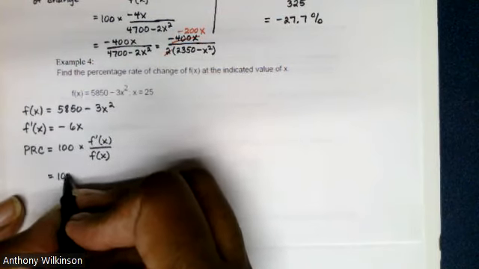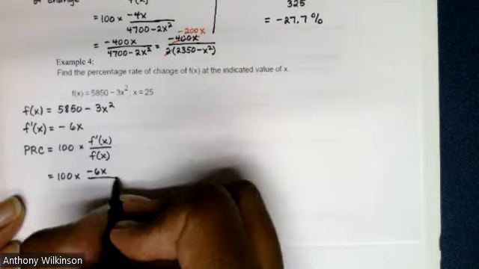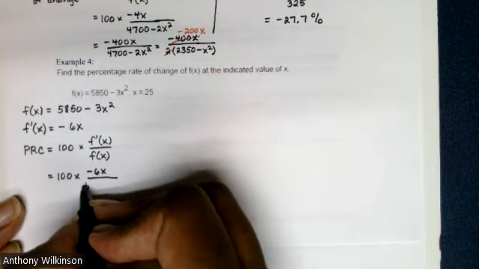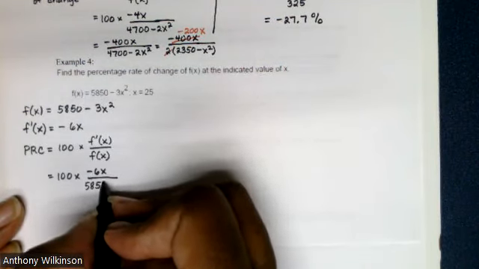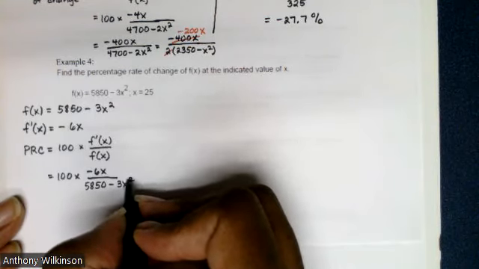So in this case, this will be 100 times f prime of x, that's negative 6x, divided by f of x, that's going to be 5,850 minus 3x squared.